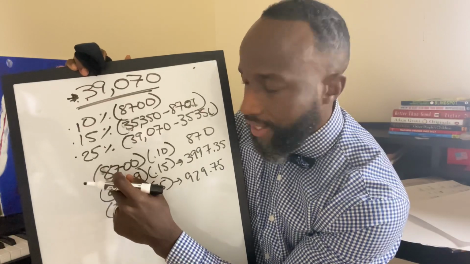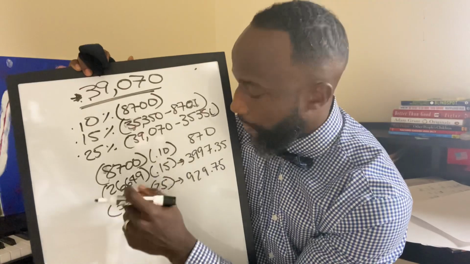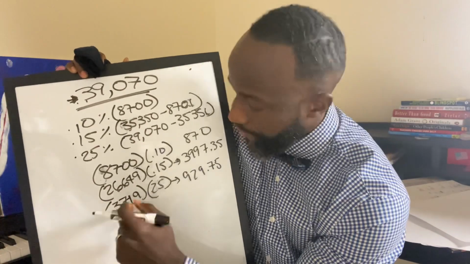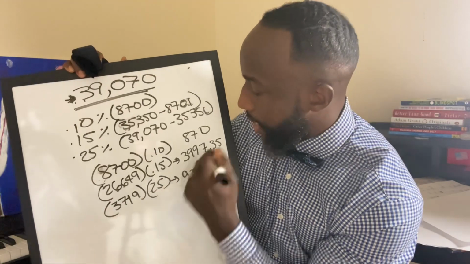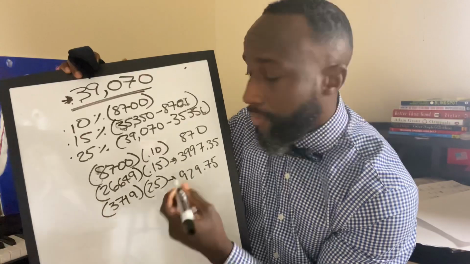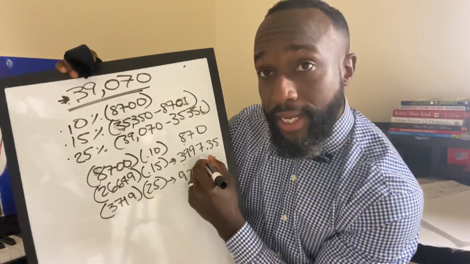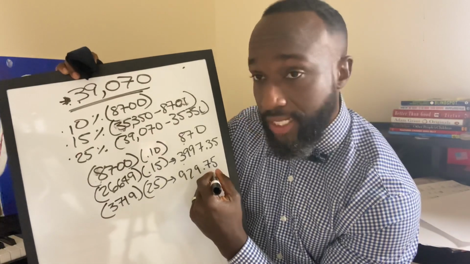So 8,700 times 10%, 26,649 times 15%, and then 3,719 times 25%, right? You get these values here. Then you do the math. So it's going to be 870 plus 3,997 and change plus 929 and change, right?